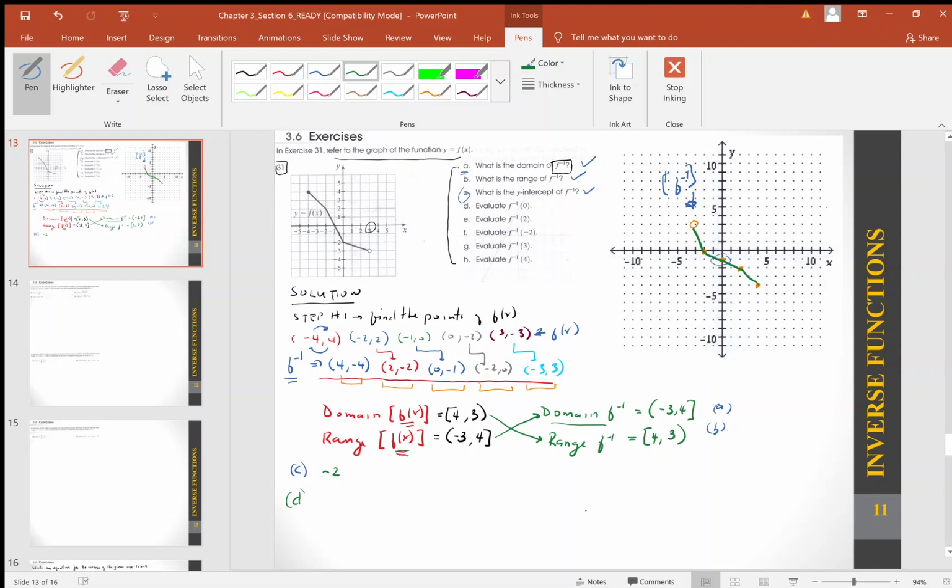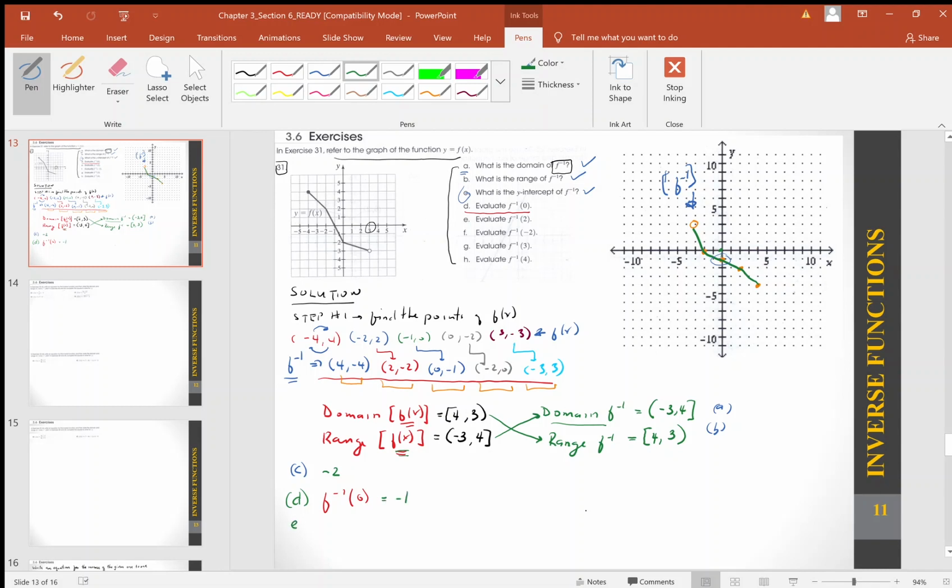D is asking us to evaluate the inverse function of 0. So you're looking for f inverse of 0, which is going to be right here. And when you come down, it's going to be -1.